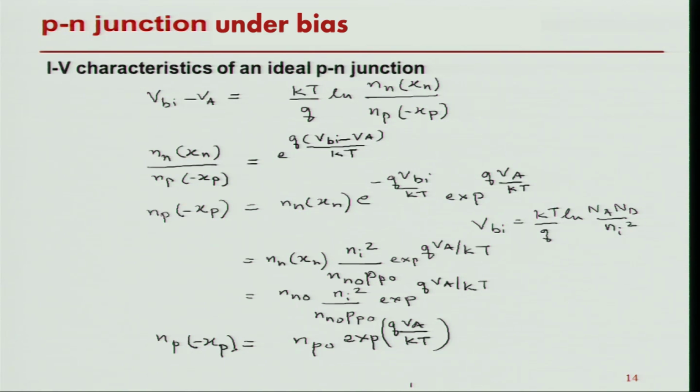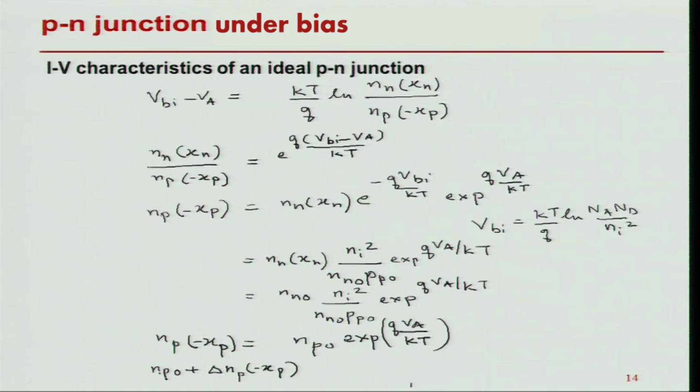Okay. In a very similar manner, this is the minority concentration, but when I wrote my equations for solving, I wrote it in terms of excess carriers. So, this is nothing but n p zero plus delta n p at minus x p.